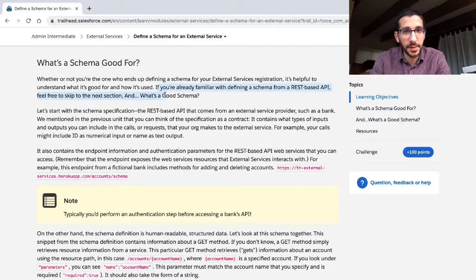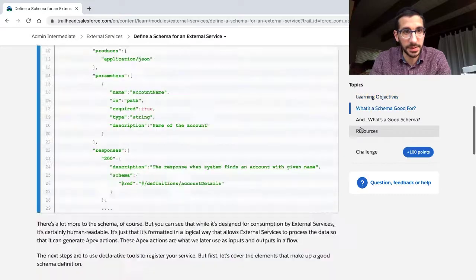If you're already familiar with defining a schema from a REST-based API, feel free to skip the next section and what's a good schema. Basically, just jump right down to the resources.